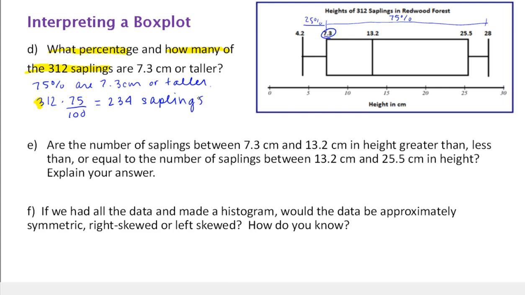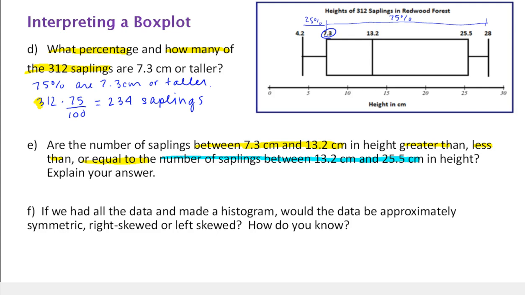Let's look at the next question. Are the number of saplings between 7.3 centimeters and 13.2 centimeters in height greater than, less than, or equal to the number of saplings between 13.2 centimeters and 25.5 centimeters?